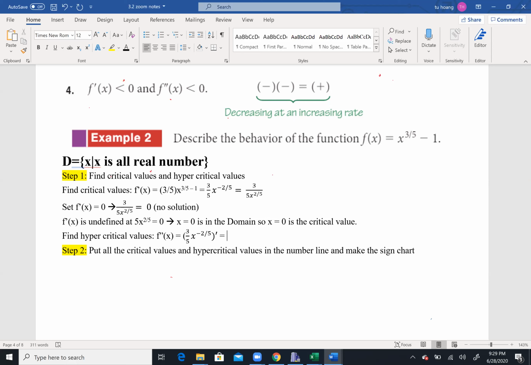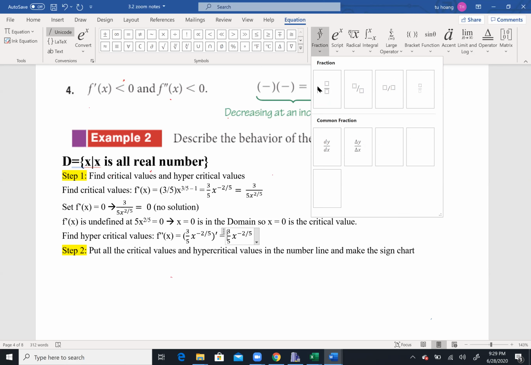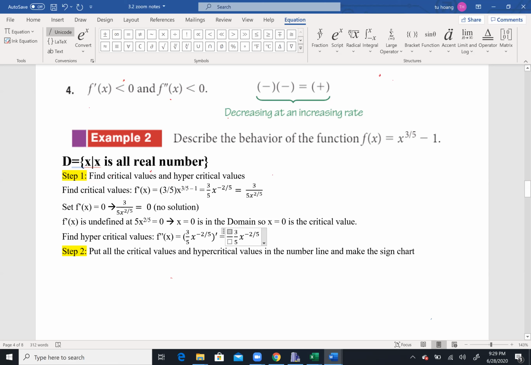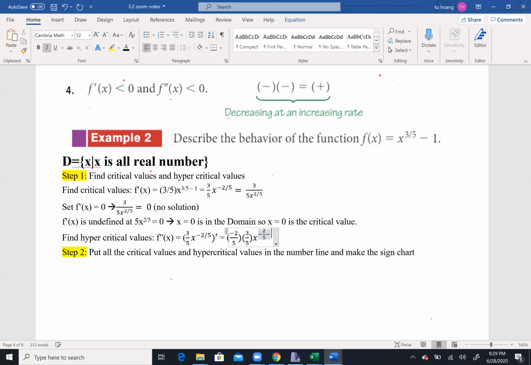You put down negative 2/5 up in the front, and then this guy, 3/5, stays as a constant. Then x to the power negative 2/5 minus 1.